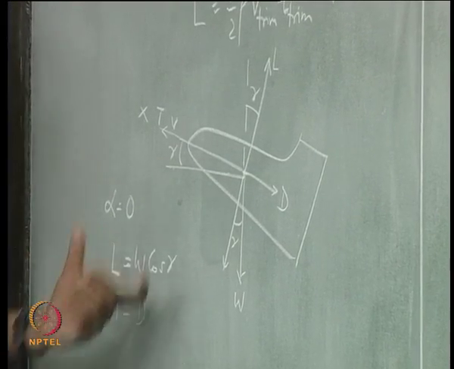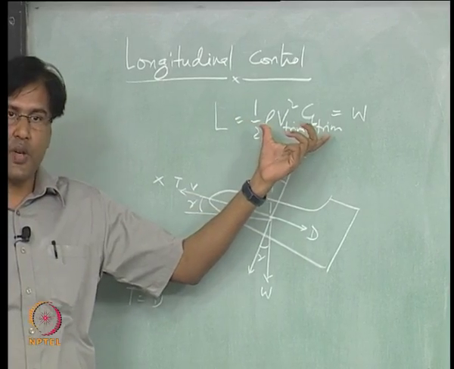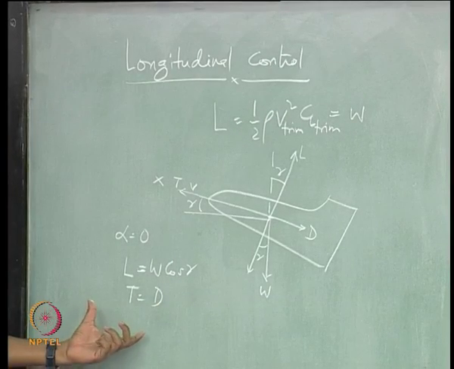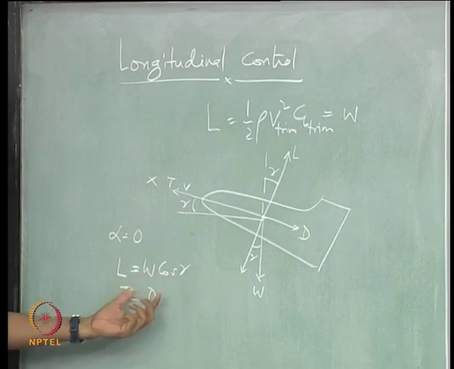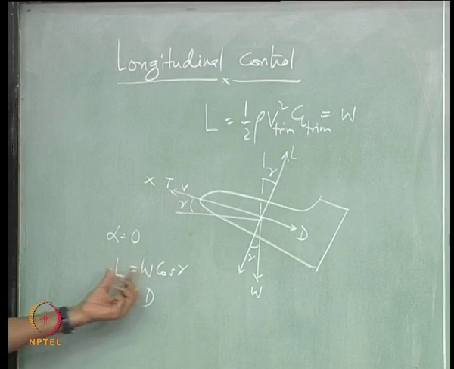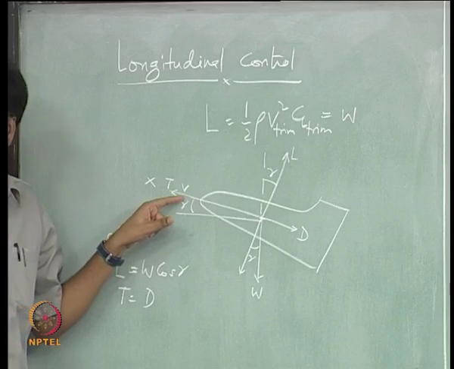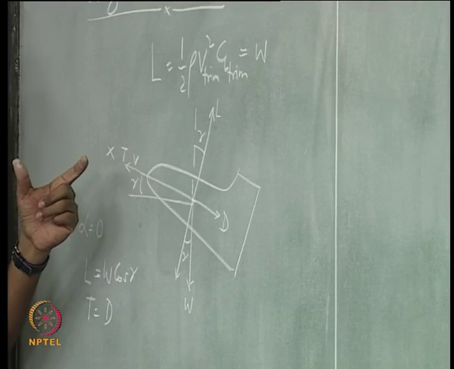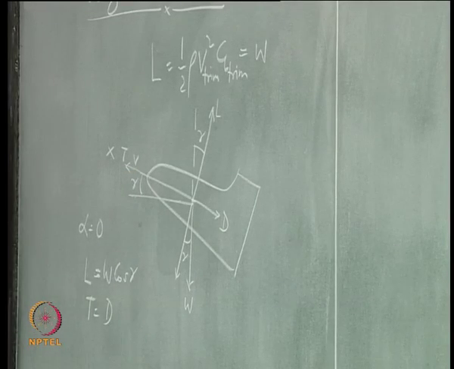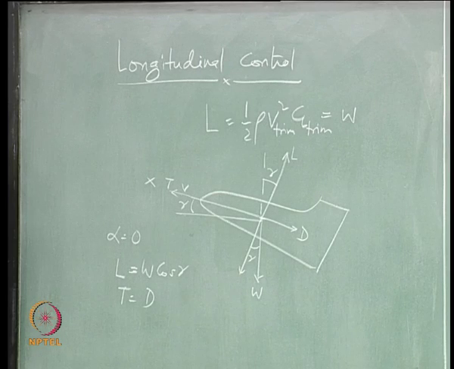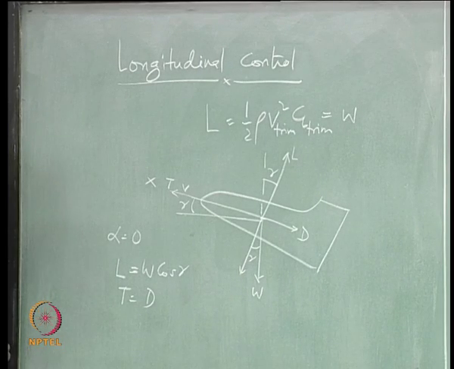So not only in this level flight condition, but also in other longitudinal flights, you are actually trying to balance out lift with component of weight. Yeah? No, I am assuming that the velocity is along this x axis. So alpha is 0. W cos gamma is the component.